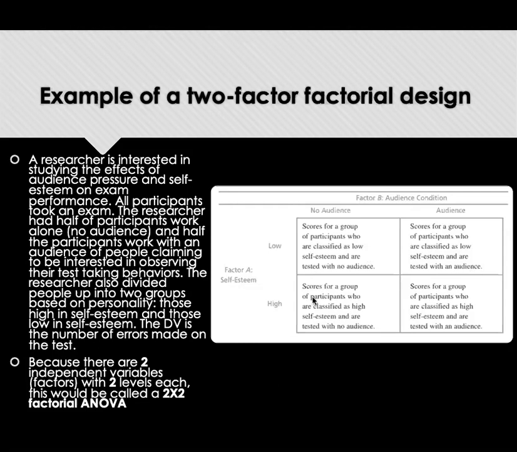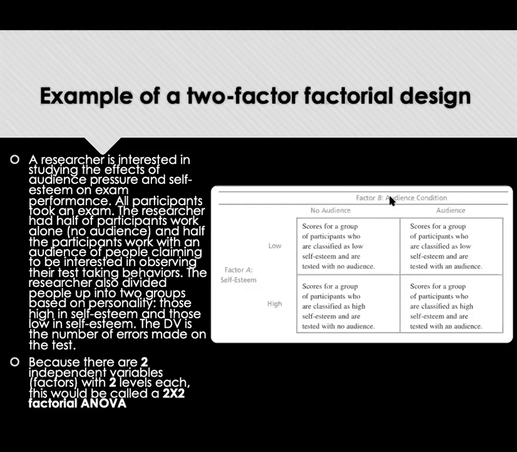So here is a matrix which shows what this study is going to look like. Let me go across the side first. Factor A, self-esteem, low or high. The top row is participants with low self-esteem, and the bottom row is participants with high self-esteem.